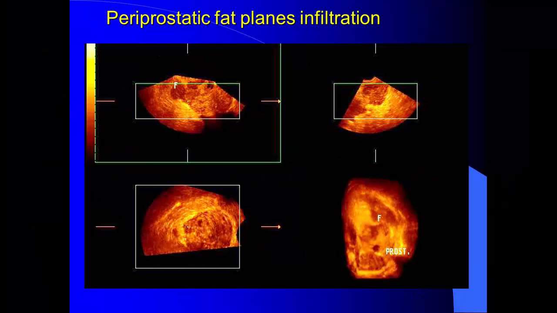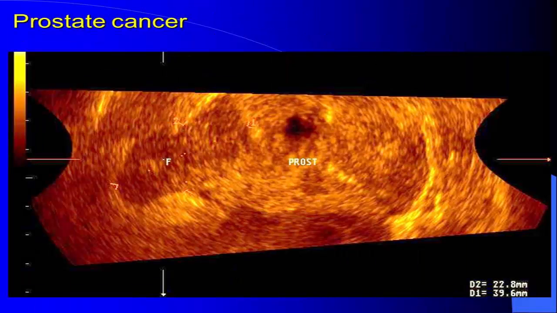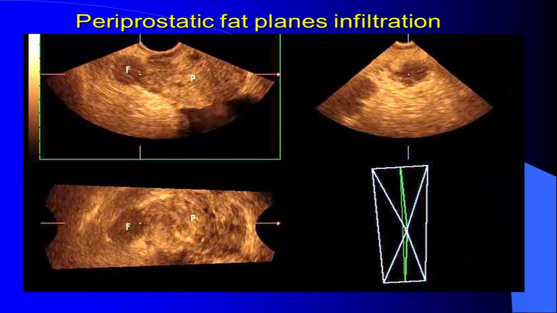Stage 3A prostate cancer showing periprostatic fat plane infiltration, 3-dimensional reconstruction. A coronal scan of prostate cancer with periprostatic fat plane infiltration. Multiplanar image analysis of a prostate cancer with periprostatic fat plane infiltration.